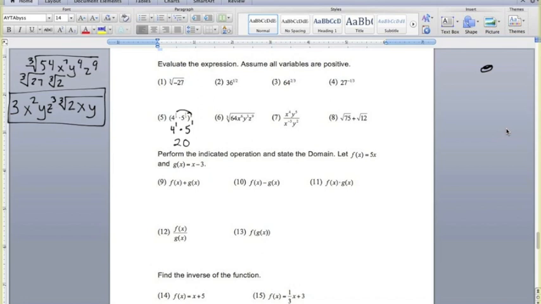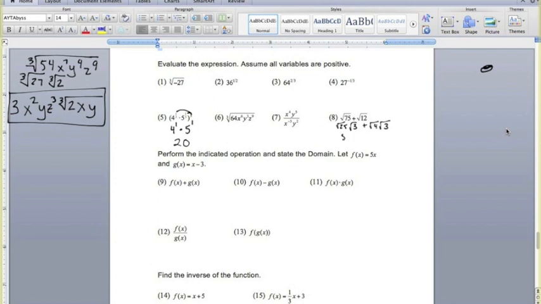So what we need to do is simplify them individually in hopes that they will turn into the same type of thing. To simplify a root, we're looking for a perfect whatever kind of root it is that goes into that number. These are square roots. What's a perfect square that goes into 75? 25. 25 times 3. And what is a perfect square that goes into 12? 4. 4 times 3.